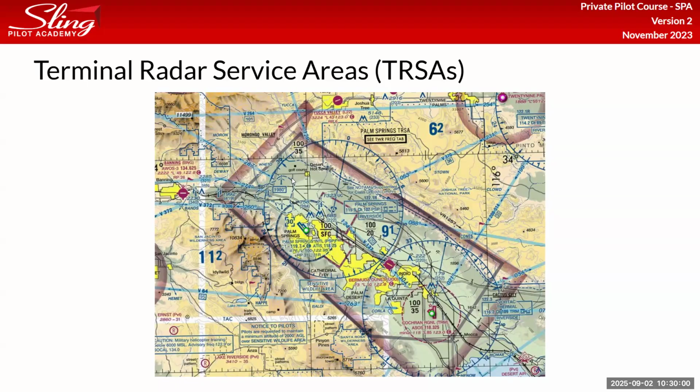So if you fly into the TRSA, they are expecting and wanting you to contact whatever tower you're closest to and let them know what you're doing. Okay? Highly encouraged, but not required. It just allows more radar service for these controlling agencies to monitor what aircraft are in the area and coming into the airport.